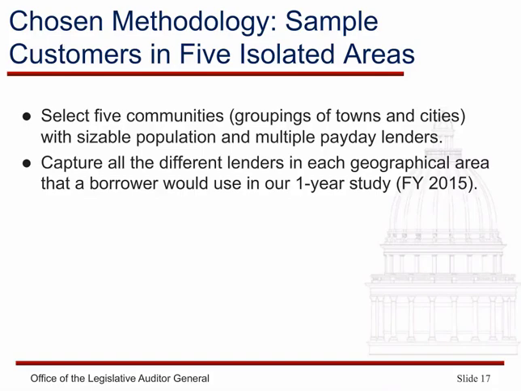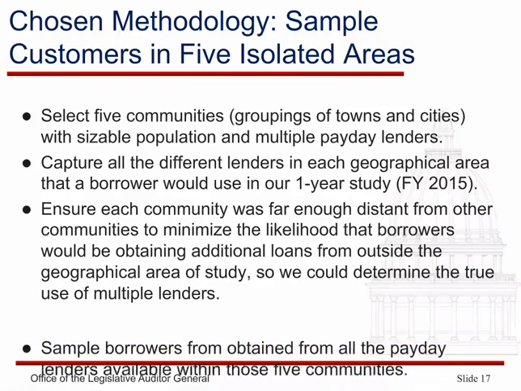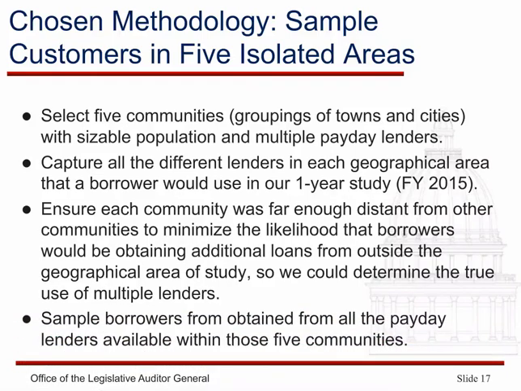We believed we had the total population of customers in the community, and we were able to isolate all the lenders that they most likely would have used. And then we asked each lender to provide us with the complete loan history for those clients that we sampled.